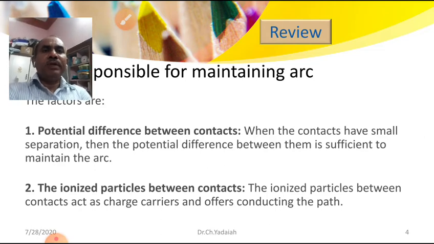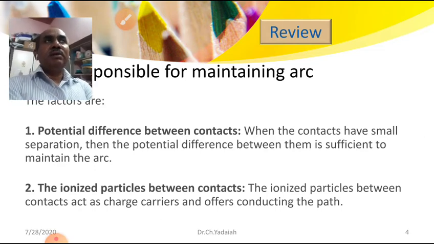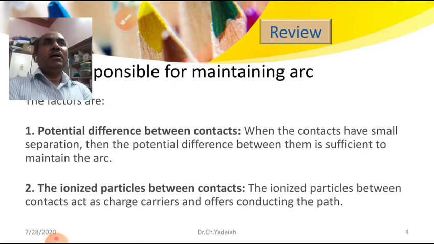The ionized particles between the contacts. One is the high voltage present between the two electrodes. Another is the ionized particles contained between the two electrodes, through which electrons will try to flow. If there are no ionized particles in between, there is no arc.